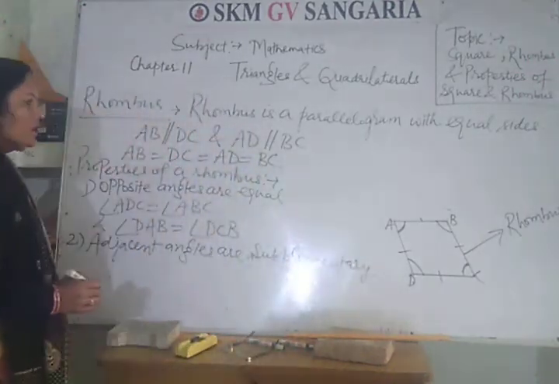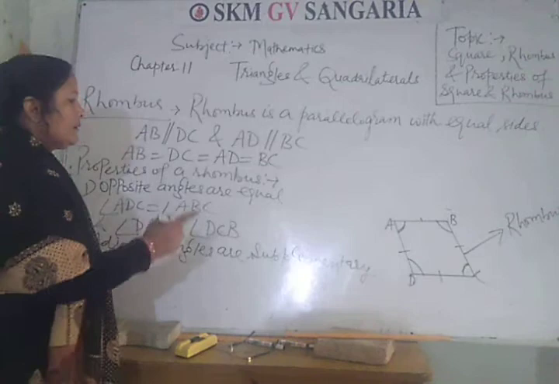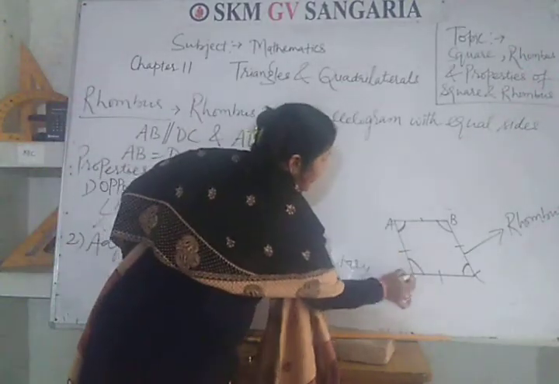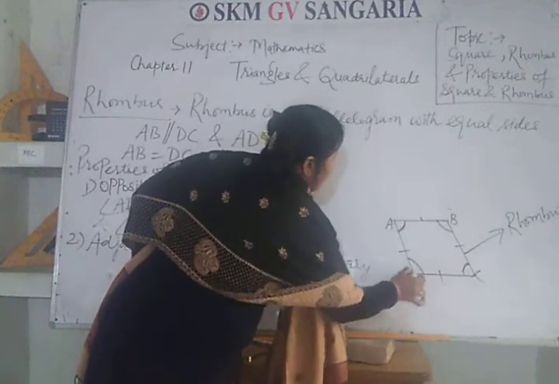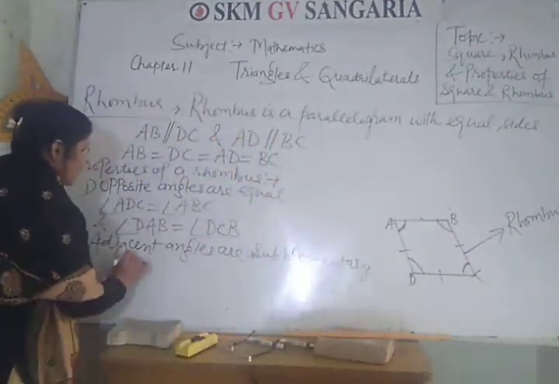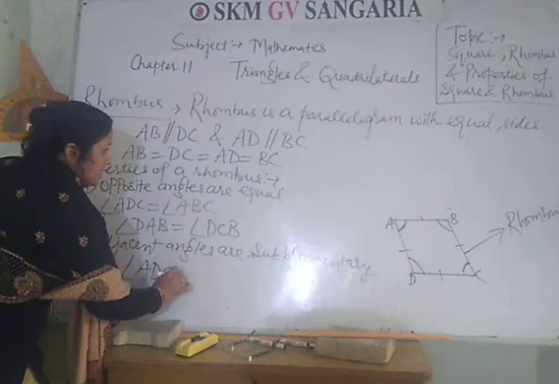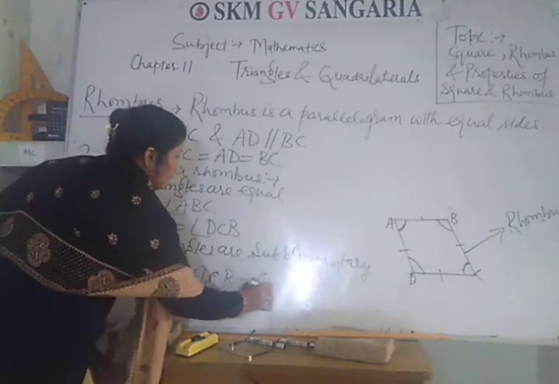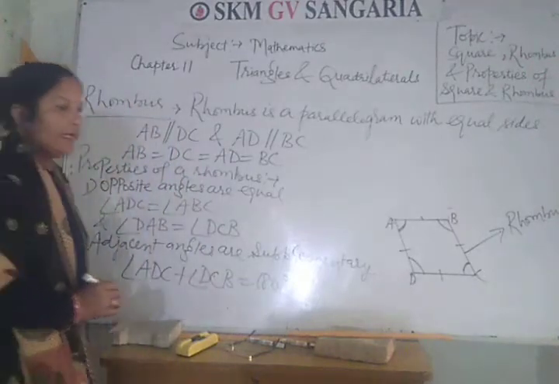Supplementary means the sum of angle ADC plus angle DCB will be equal to 180 degrees.